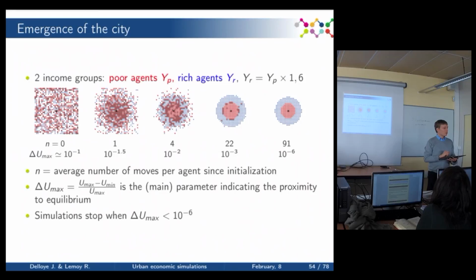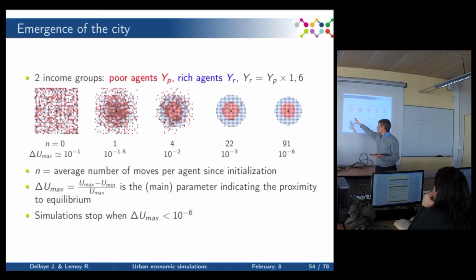And there's an important parameter which indicates the proximity to equilibrium. It's what I call delta U max, the maximum relative variation in utility in the system. When you initialize the system, all agents are placed at random and prices are just the aggregate rent. So people have very different utilities in the system. People who end up very far from the center have a very low utility. People very close to the center have a very high utility.